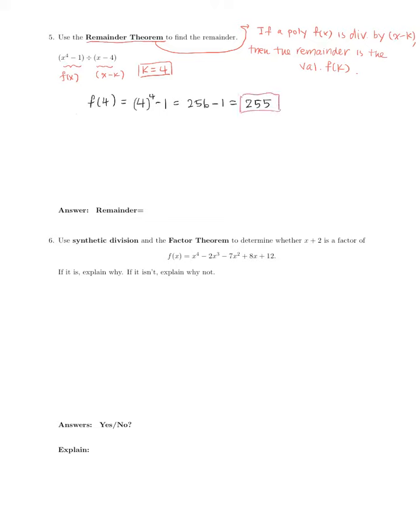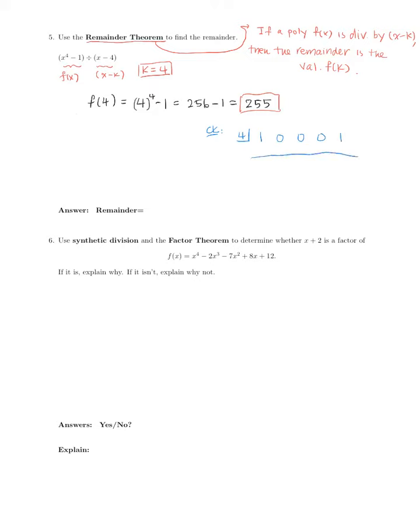You can also check, by the way, so let's just check for fun by using synthetic division. So the synthetic division, let's see. You're going to have a 4 here, and then what? The coefficient on the x to the 4th is 1. The coefficient on the x to the 3rd is 0. The coefficient on the x squared is 0. The coefficient on the x has to be 0, and the constant term is 1. All right?